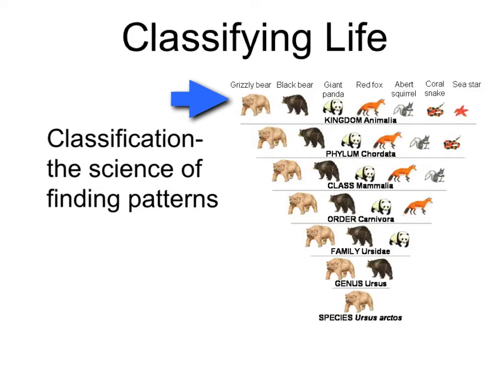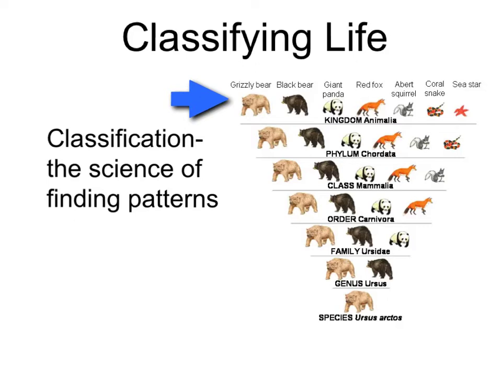But there's so much stuff here. There's a big difference between a grizzly bear and a sea star, right? So you have to keep getting narrower and narrower, okay? To do that, you group them by their cells, by their tissues and organs, organ systems, stuff that we learned in the previous lesson.